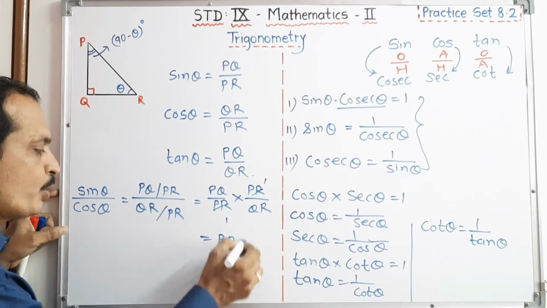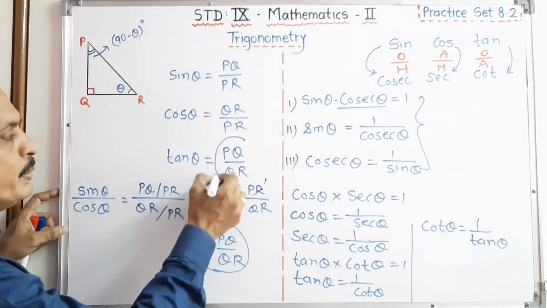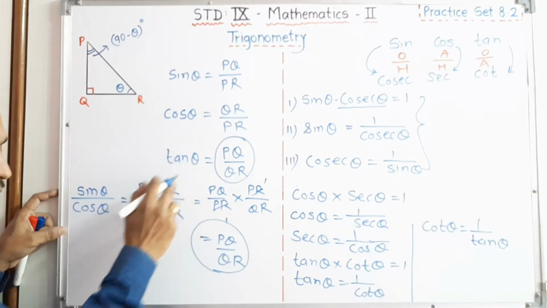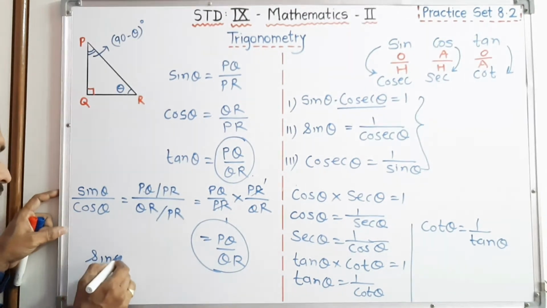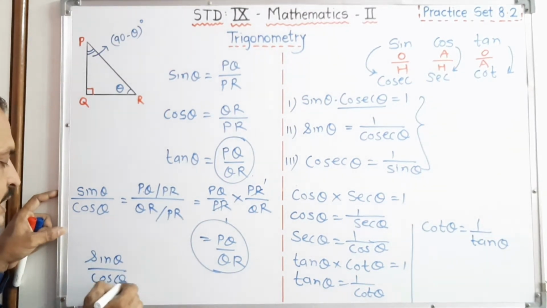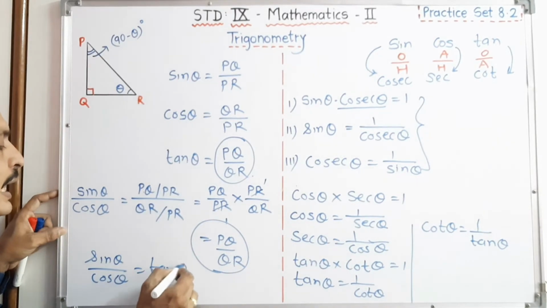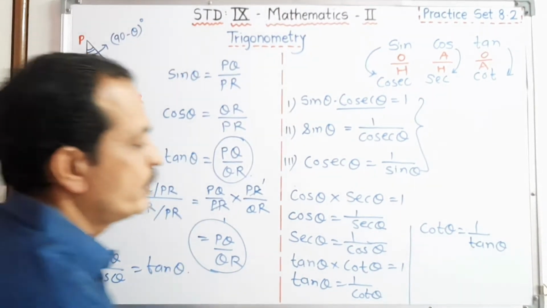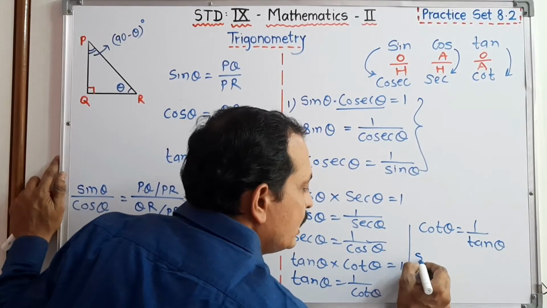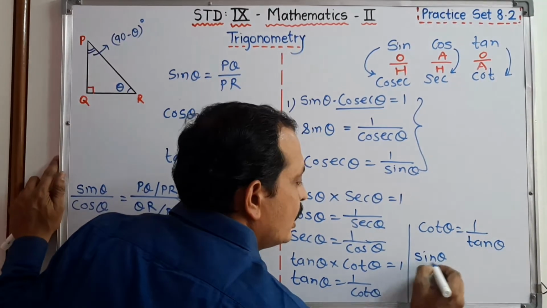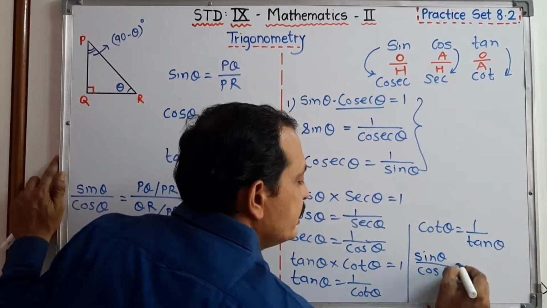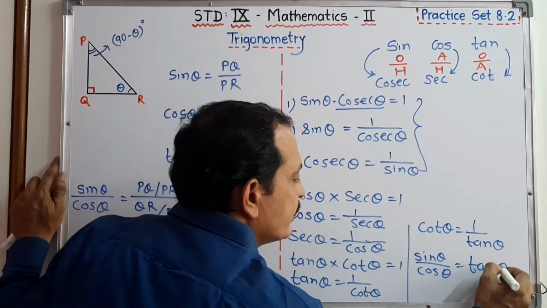But dear student, observe this PQ upon QR. PQ upon QR means tan theta. Therefore, we can write sin theta upon cos theta is equal to tan theta. Therefore, we got here another formula, that is sin theta upon cos theta is equal to tan theta.